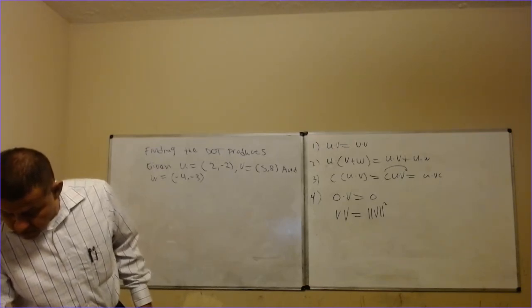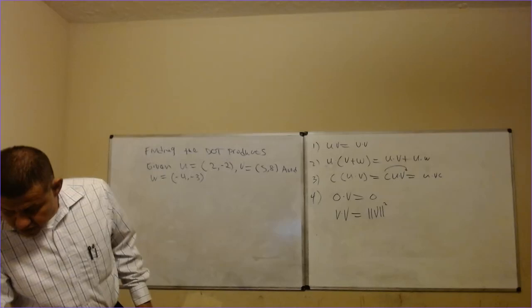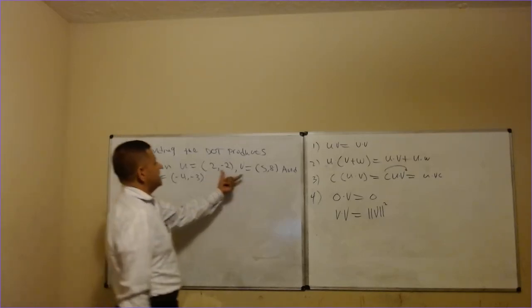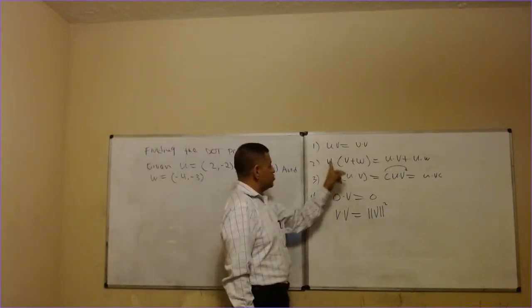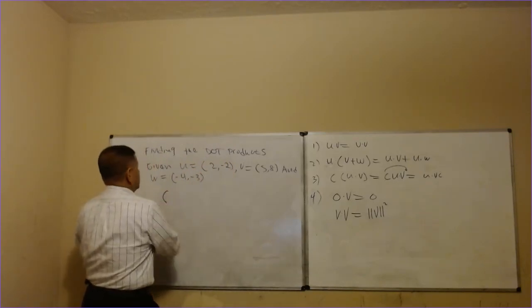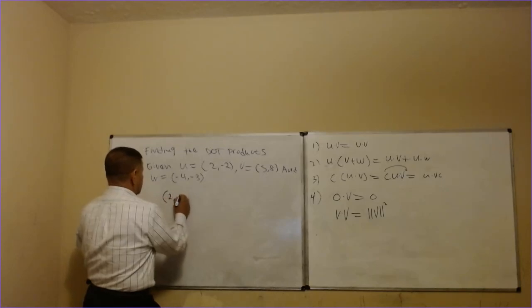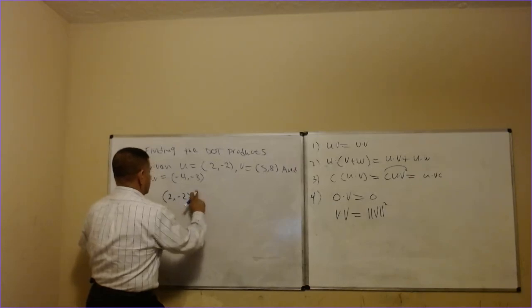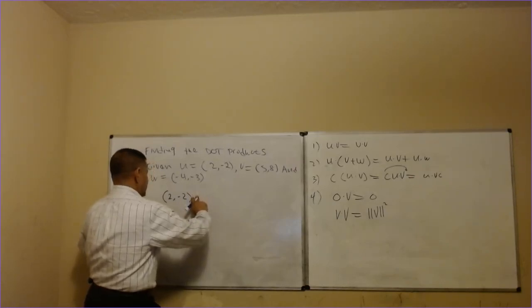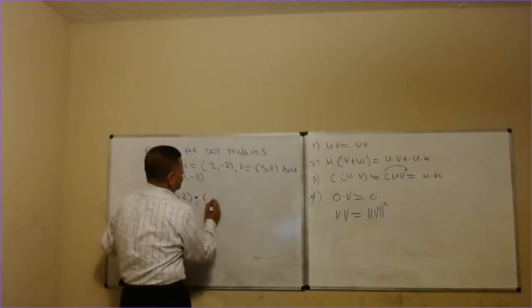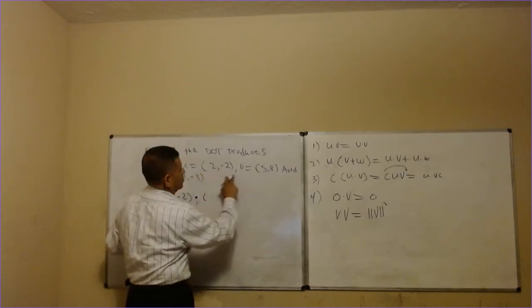So first we will dot this and this, like I said. We basically, this rule will apply, right? So we'll do this, with that 2 comma negative 2, and we dot it with v, right?